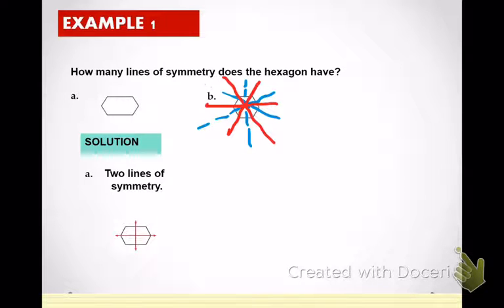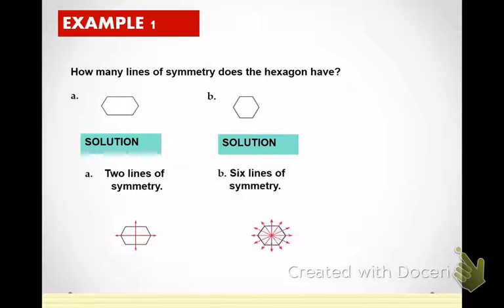So it actually has 6 lines of symmetry: 3 dividing the sides in half, and 3 lines dividing the angles in half.